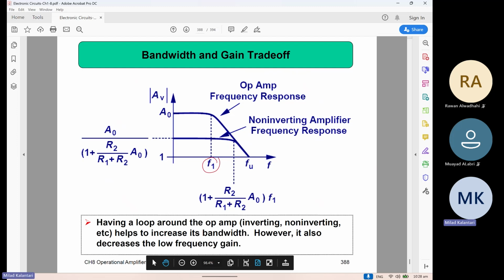And then, if this one is the op-amp open loop frequency response, it means that you don't have any feedback, basically. You get the highest gain, and it shows some frequency where the gain starts dropping.